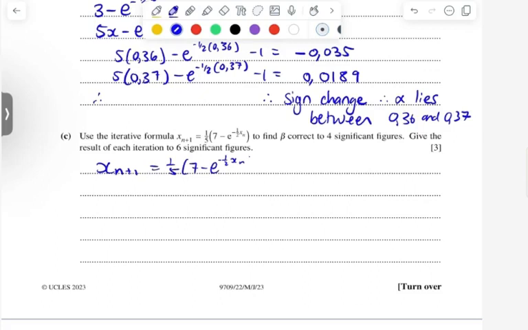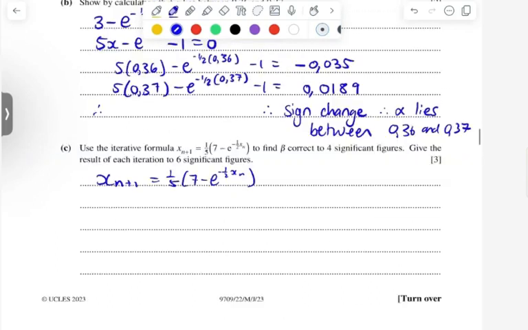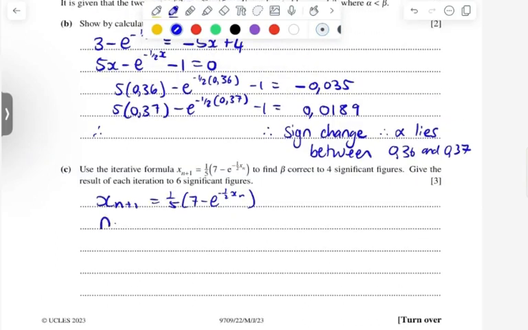I'm going to say my first value, my x1, is equal to 0.36. So what am I doing? I'm now going to plug 0.36 into this value over here, and then just see what you get on your calculator.